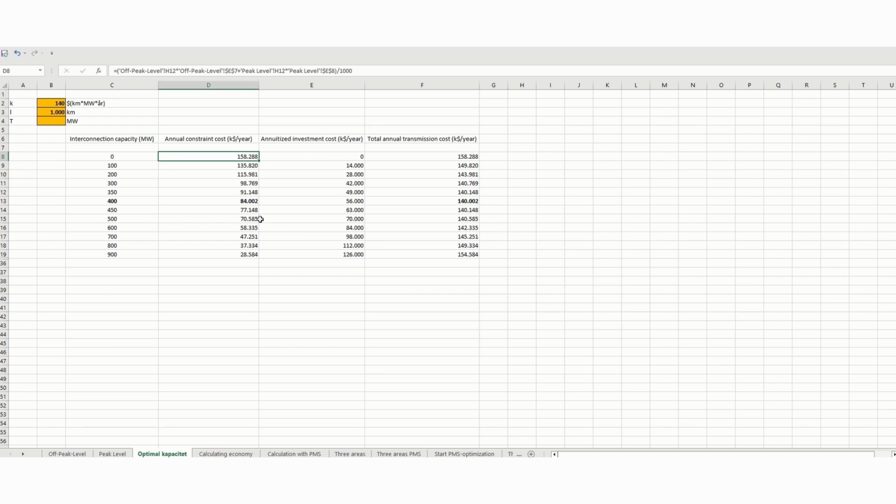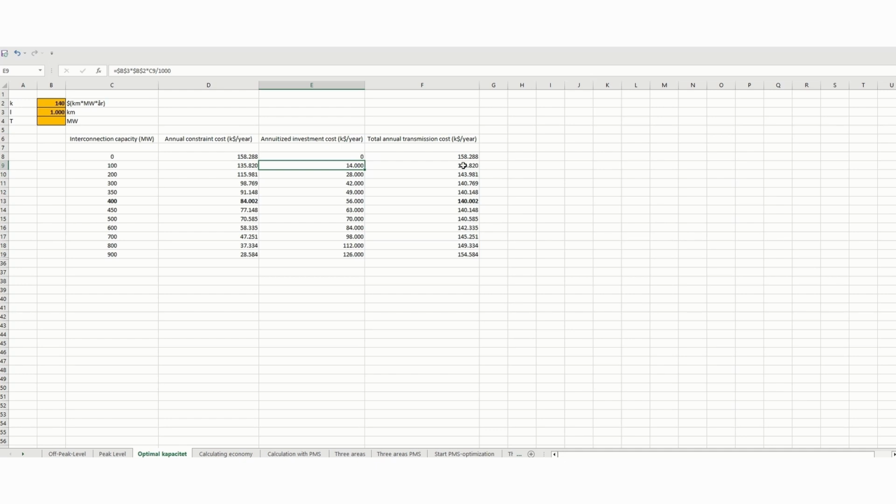So this is the cost of having the constraint, and this is the cost of building a line. Here we have an interconnector with 100 megawatt. We multiply this 100 megawatt with these two figures, and then we get the total yearly cost of having a transmission line of 100 megawatt.